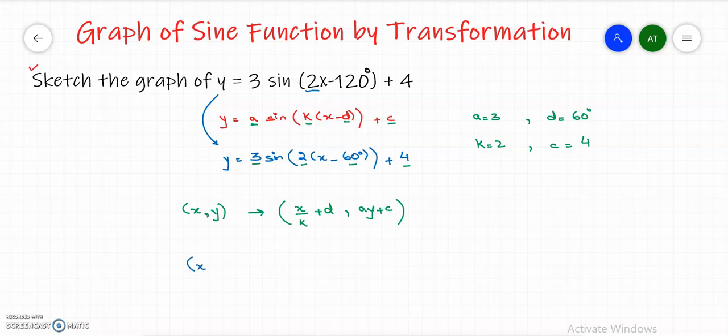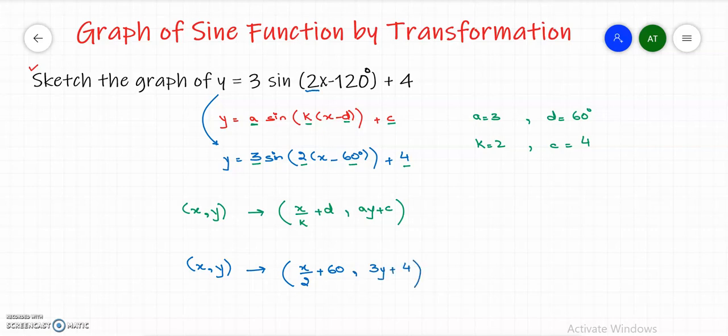The x, y are the coordinates for the base function or the parent function, that is sine x, and the transformed coordinates would be x over k, k is 2, plus d, d is 60 degrees, a is 3, y plus c value is 4.